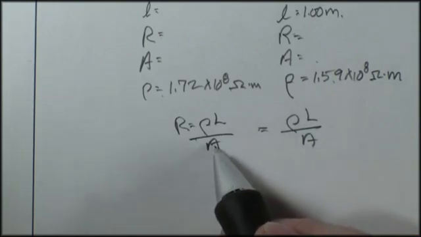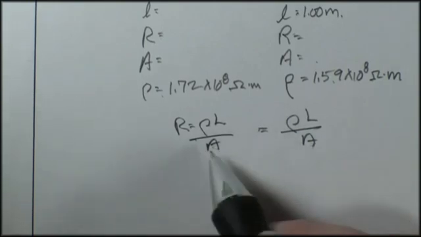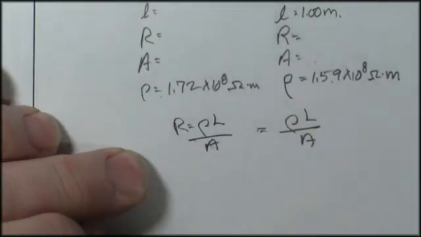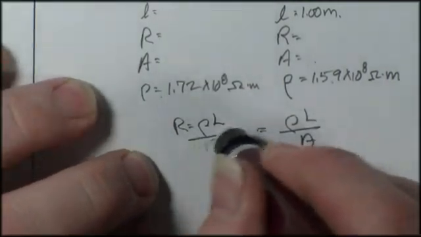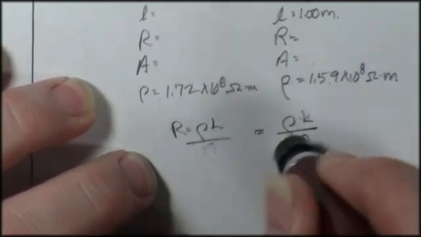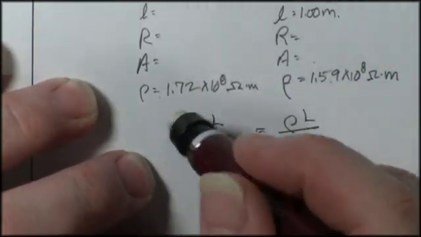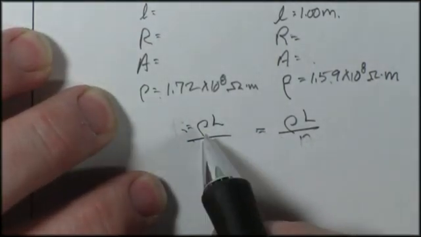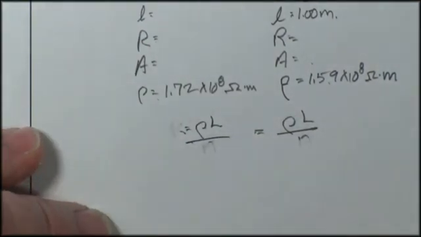Well, the A's are the same, so whatever number this is, it's going to be the same for both sides, and I'm just going to pretend that the number is equal to 1. So when I divide by 1, that disappears. I like it when things disappear. So rho L for copper equals rho L for silver.